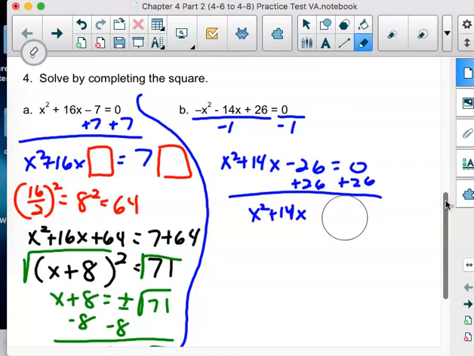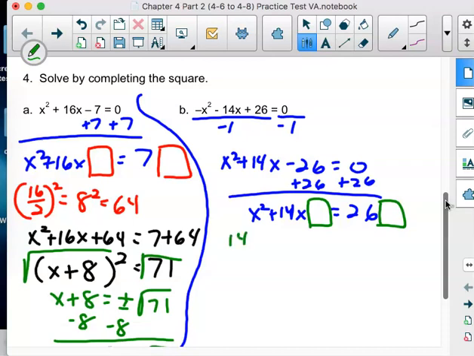Oops, I didn't leave enough room for the number that does work. How do we get that nice number again? B over 2 squared. So 14 divided by 2 squared. That's 7 squared, which is 49.